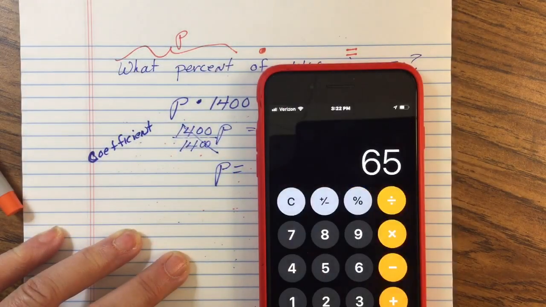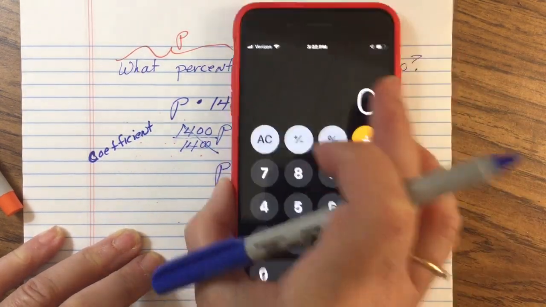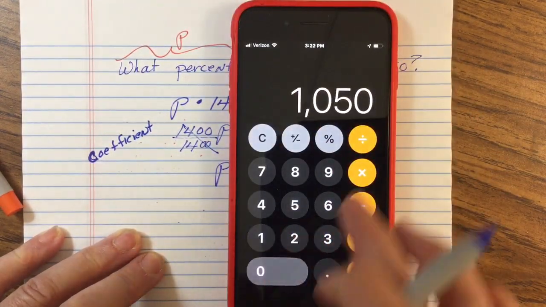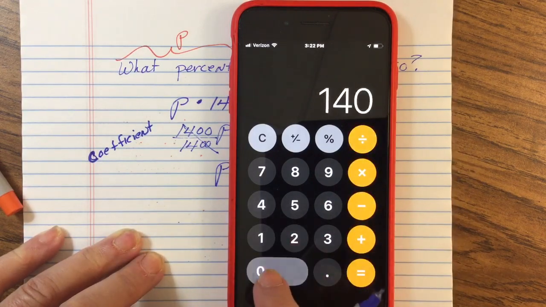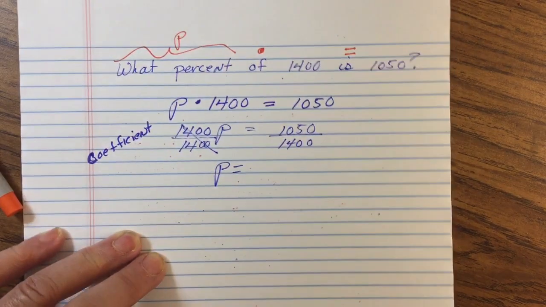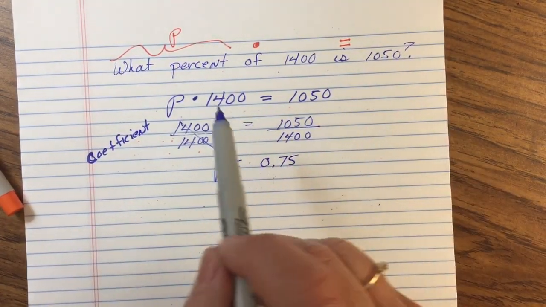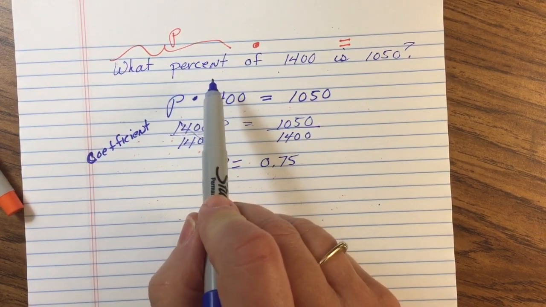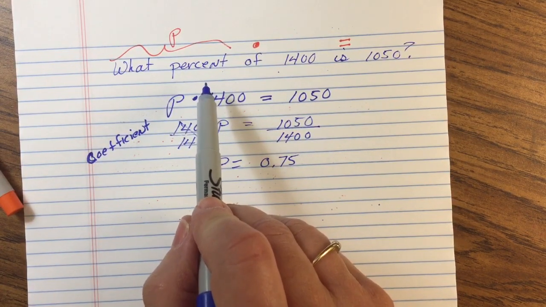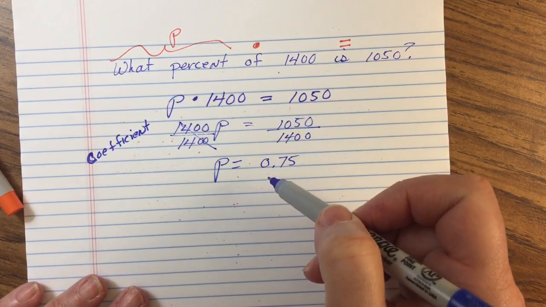So we're going to put in 1,050 divided by 1,400 gives me 0.75. Now, if you go back to the original problem, notice the question was what percent. Therefore, we want to express our answer as a percent, not as a decimal.